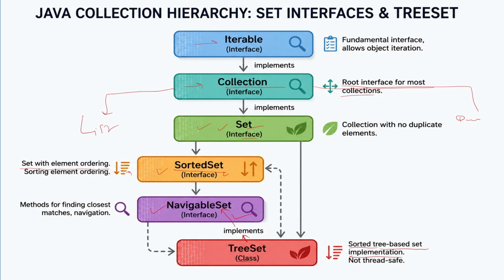This allows TreeSet to provide sorting along with powerful navigation methods. What navigation methods? Like higher, lower, ceiling, floor. These can be used as part of the TreeSet implementation class. I hope the hierarchy is clear.